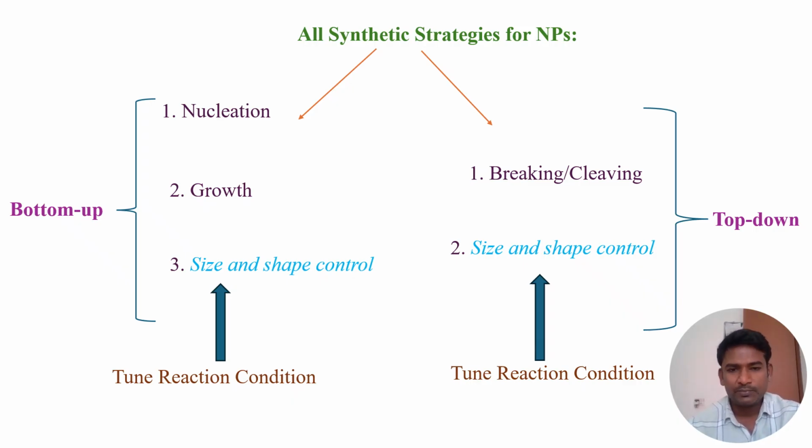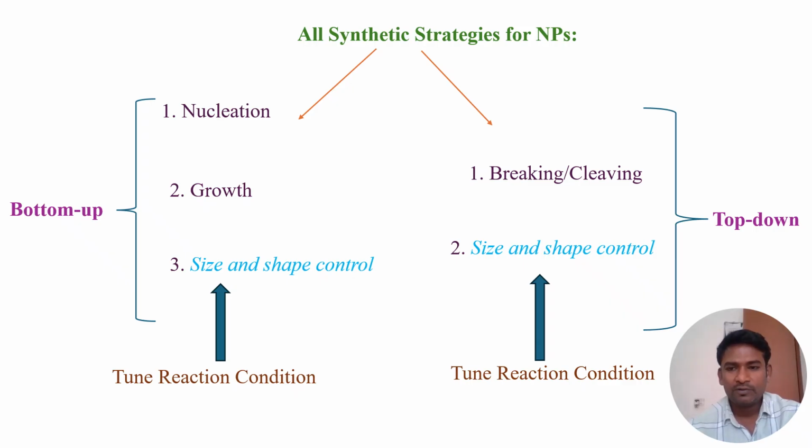In both approaches, the most important requirement is that we have to control the size and shape. In the bottom-up approach as well as in the top-down approach, controlling the size and shape is very important, because by controlling the size and shape we can tune or regulate the properties. By tuning the properties we can tune the application.